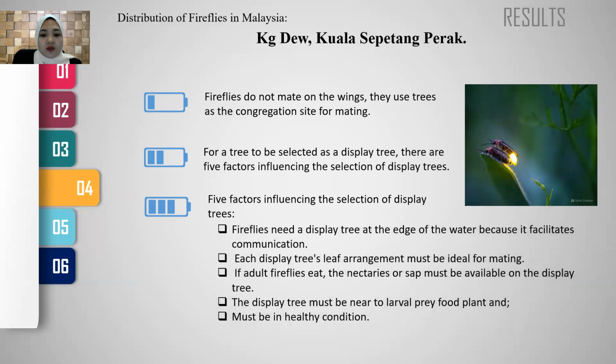The tree needs to be at the edge of water because it's easy to communicate. The leaf arrangement of each display tree must be ideal for mating. If adult fireflies eat, nectaries or sap must be available on the display tree. The display tree must be near the larval prey food plants and must be in healthy condition.